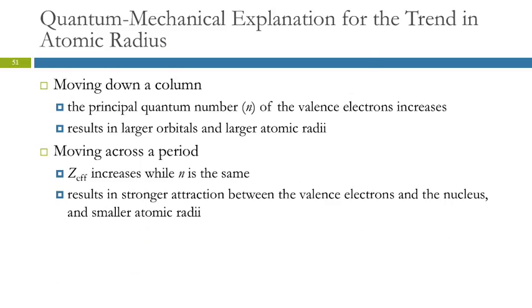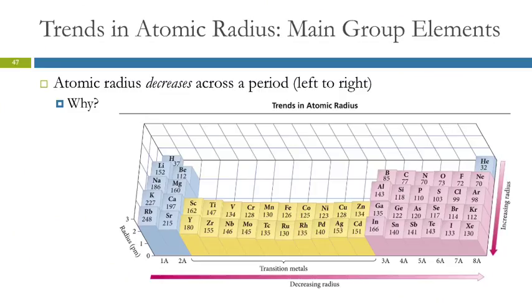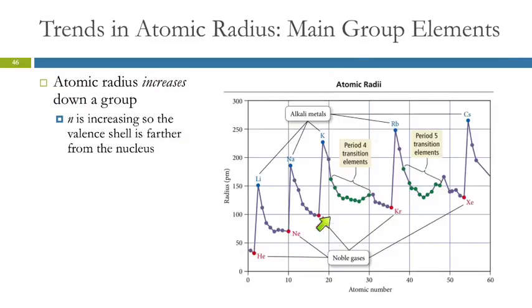And if we go back to this graph, here in the green are the period 4 transition elements. There is some trend here. It's going down a little bit. But these are all really close to the same size. And so we don't see the same sort of trend that we do going across from lithium to neon. So it's less of a trend.